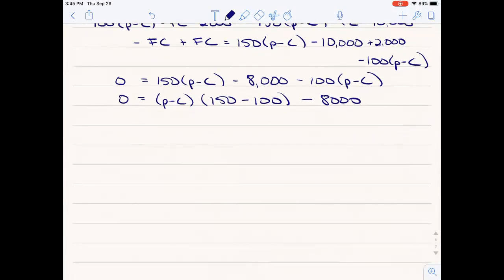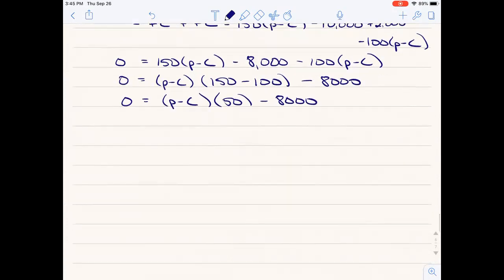All right. So I have 0 is P minus C times 50 minus 8,000. I can slowly pick away at this and figure out what my P minus C is.